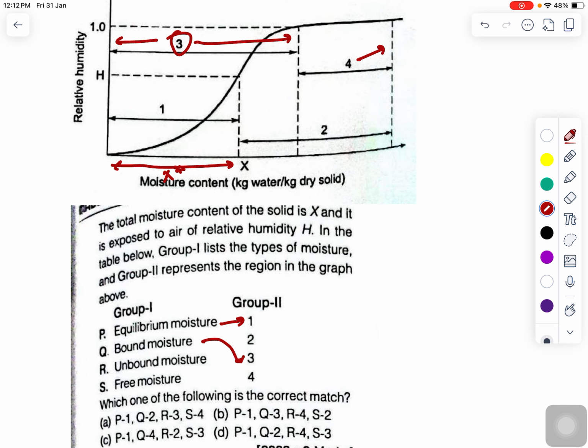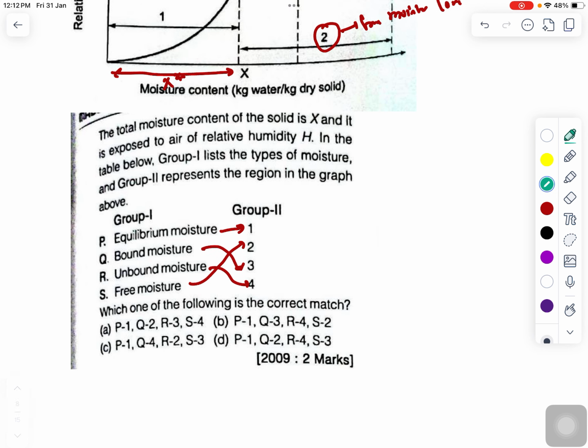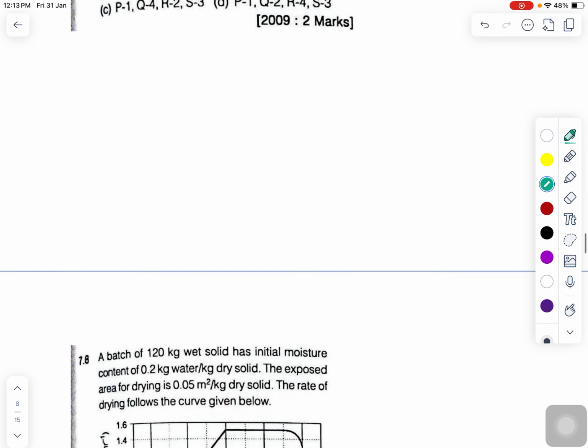Unbound moisture will be this one, and unbound moisture will be 4, and free moisture will be 2. So this one is called the free moisture content. If you match the columns, option B will be the correct answer. This is just a simple question from the graph, and this is the basic fundamental concept of drying. That's why you should know these things.